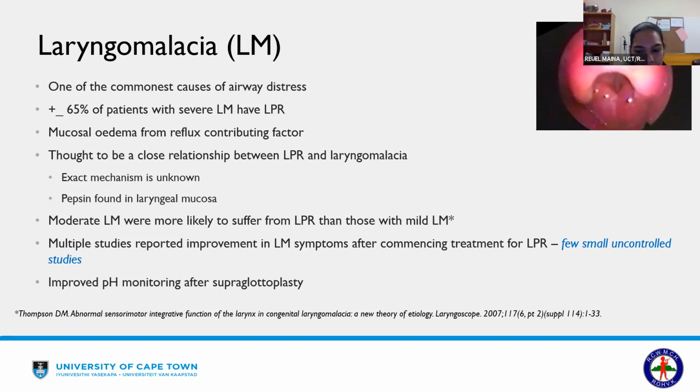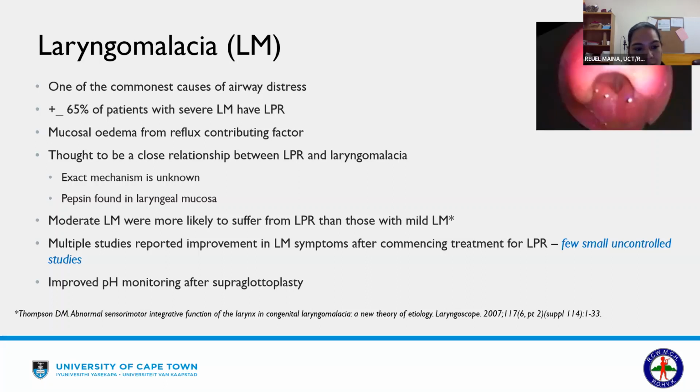There's another study that looked at patients with abnormal sensory motor function within the larynx with congenital laryngomalacia, and it was done in 2007. They found that patients with moderate laryngomalacia were more likely to suffer from LPR than those with mild laryngomalacia.